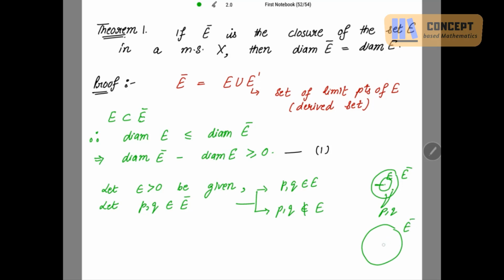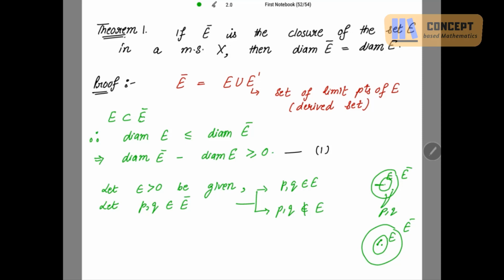This is your E bar and this is your E. Suppose these 2 points belong to E. So I can manage the distance of one point with the point of E bar to be strictly less than epsilon or epsilon by 2 or so on. I can manage that distance.